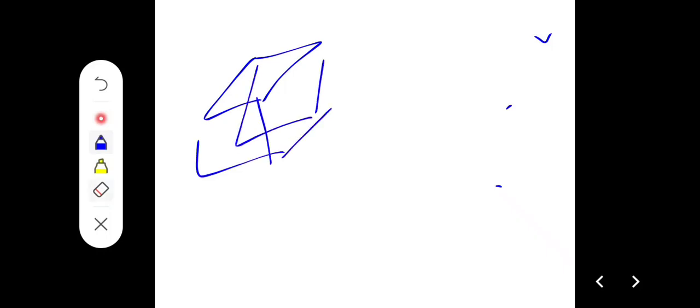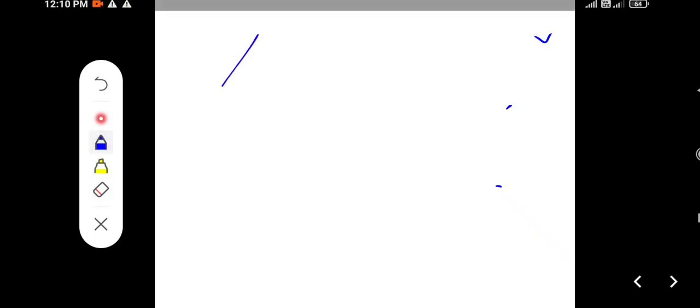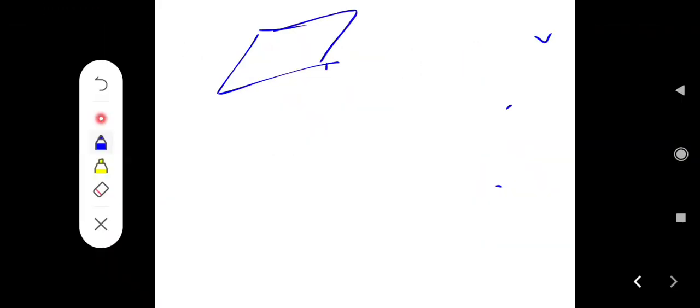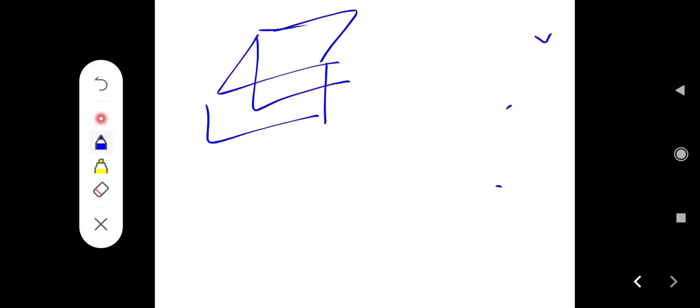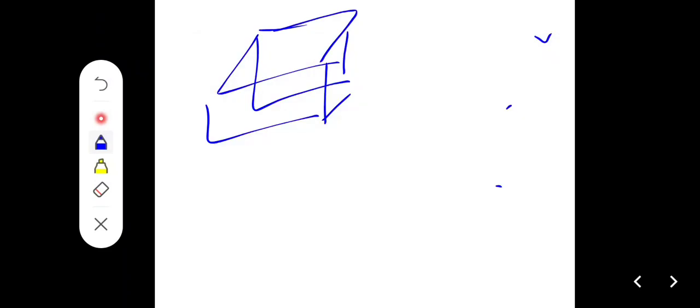Now we consider the cube and its face diagonal.